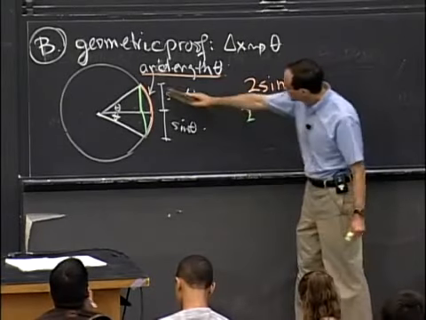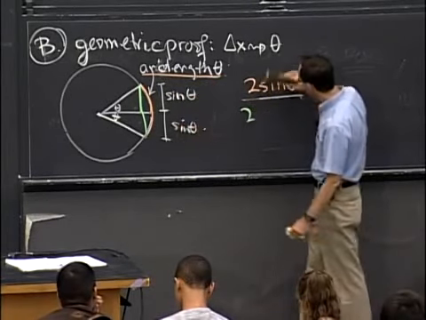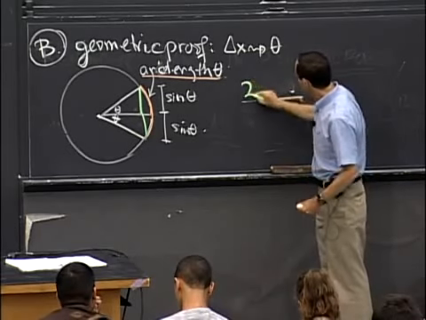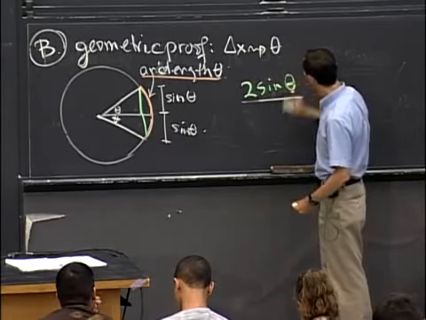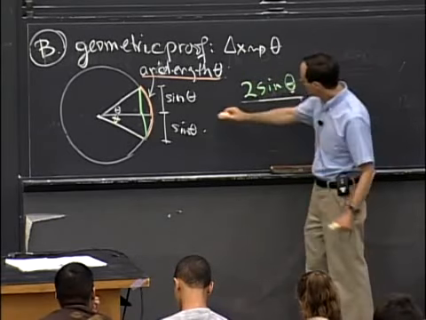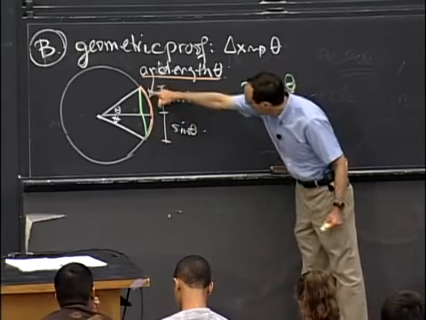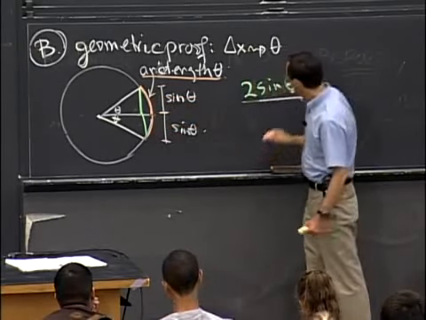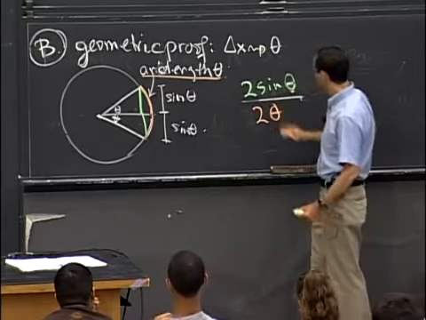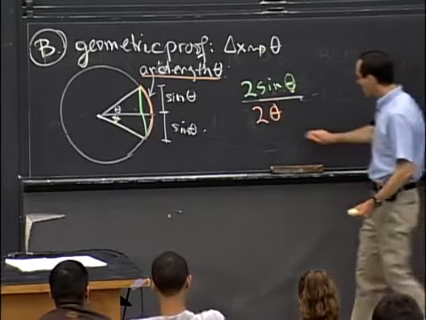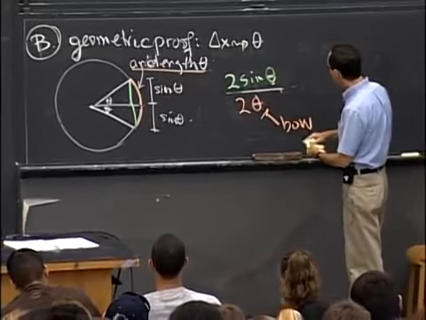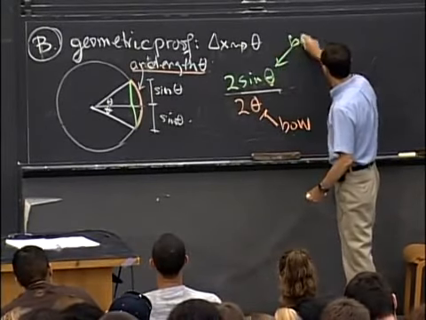So this is not 2 sine theta. 2 sine theta is the vertical, that's the green. So let's try that again. This is 2 sine theta. All right. And then in the denominator, I have the arc length, which is theta is the first half, and so double it is 2 theta. All right. So if you like, this is the bow, and up here we have the bowstring.